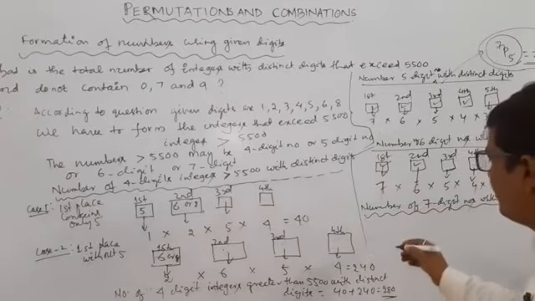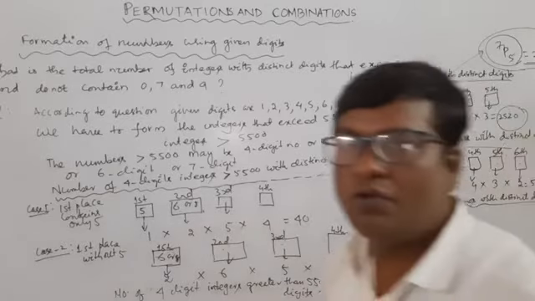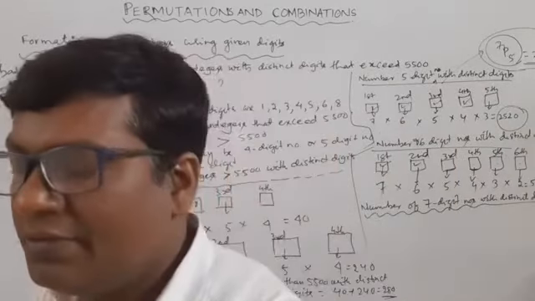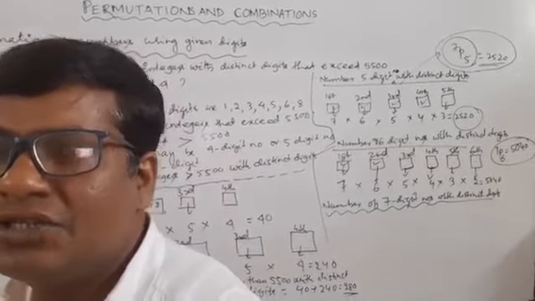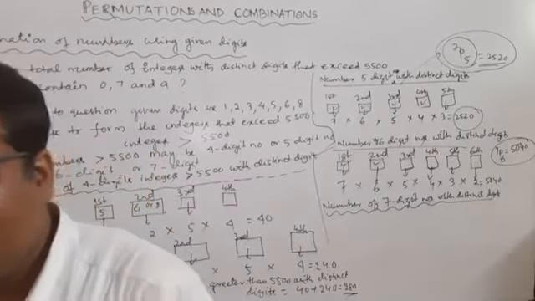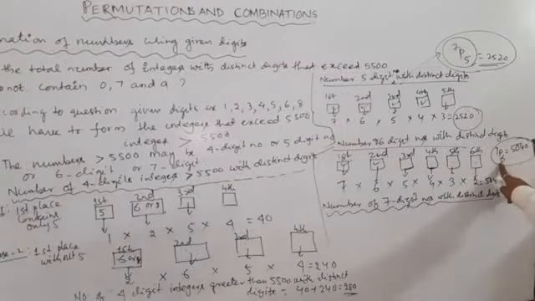You may write 7P6, whose value is 5040. For 6 digits, there are 6 places, out of 7 digits we can form 6 digit numbers by 7P6, and calculating this gives 5040.